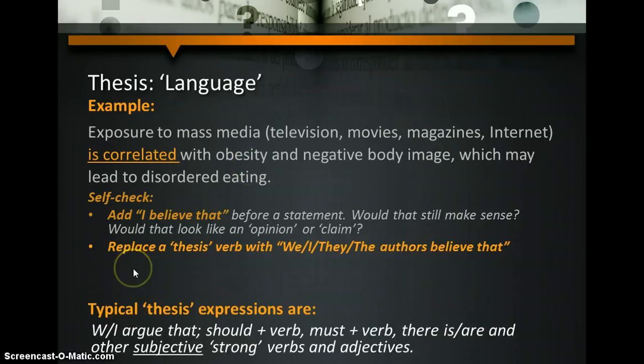We can also look and see that we have words like argue, should, must, there is. Again, it's showing us a relationship between things. And words like should, must, there is, and other subjective verbs, verbs with modals, show us what the author is trying to claim.